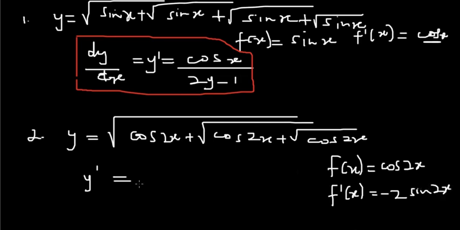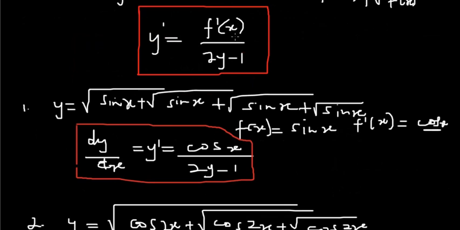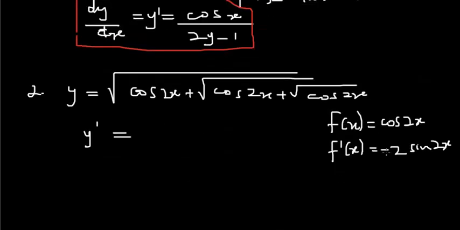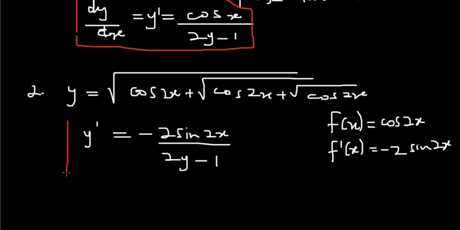So per the formula, you have f prime of x, which is minus 2 sine of 2x, divided by 2y minus 1. This will be your final answer for this problem.